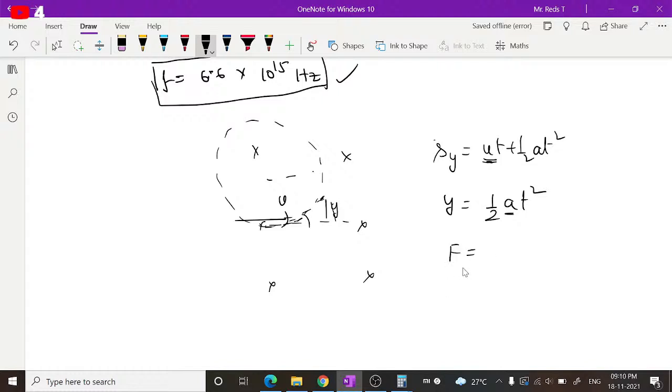Here that force is provided by the magnetic force qvB. So a is equal to qvB by m, we have to take in place of this.